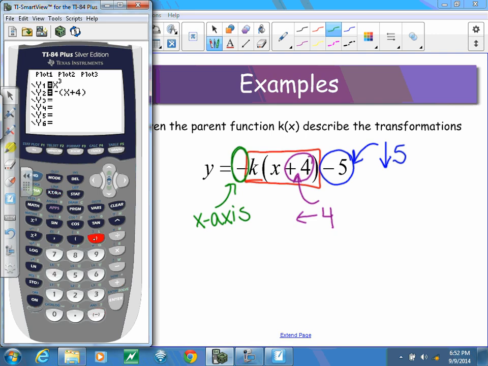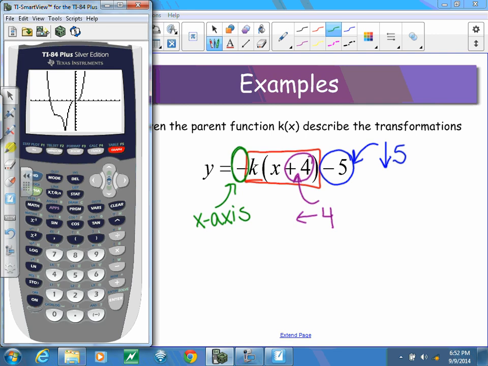I'm going to close my parentheses, take it to the 3rd power, and then I'm going to subtract 5. Now, if everything went as planned here, we will see a reflection over the x-axis. We'll see this graph that's moved over to the left 4 units, and we're going to see it move down 5 units. So let's cross our fingers.